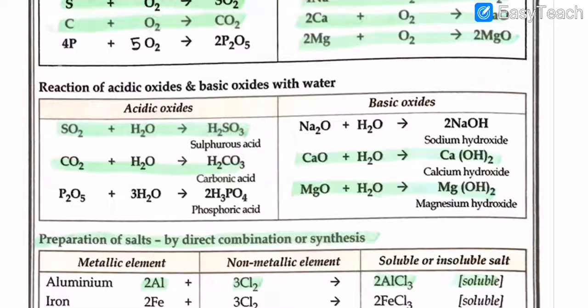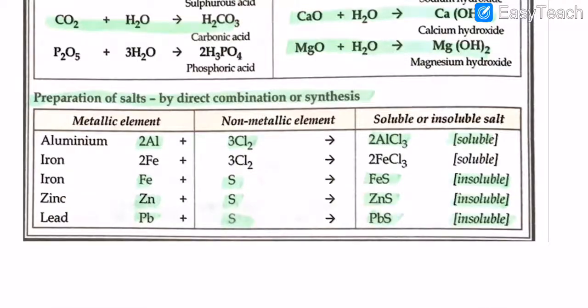As you can see, you have many examples in which elements are combining, elements with compounds are combining, and two compounds are combining. These different examples prove the direct combination or synthesis reaction. Now, this table talks about metallic and non-metallic elements.